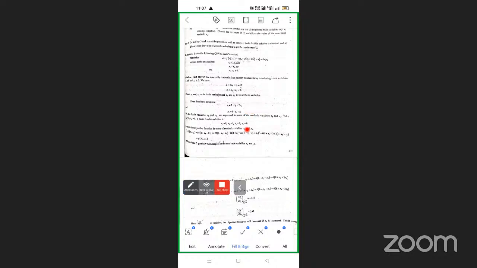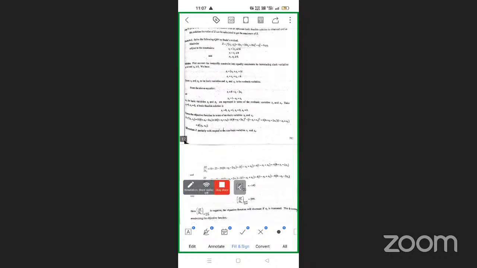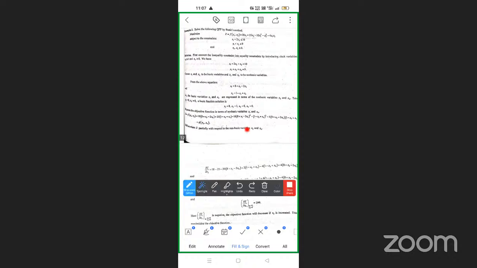So in this equation, 10 into x1 is equals to this one, 8 x3 minus 2x4 plus 25 into x2 minus 10 into x1 square minus x2 square minus 4 into x1 x2. So that is pi of x comma 3. So directly differentiate this equation with respect to x3 and x4.